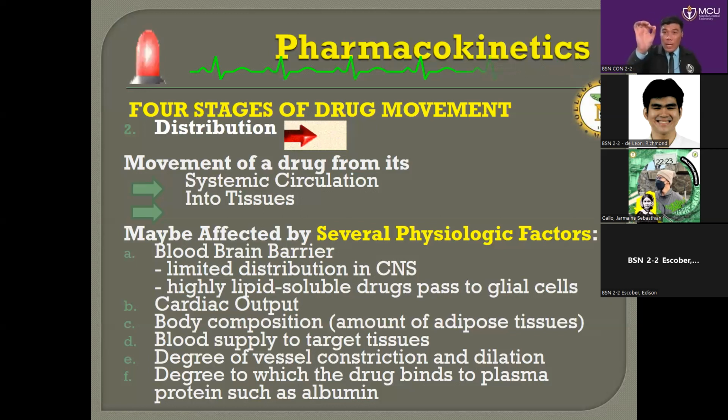So pag huminto yan, it stopped at a certain blood vessel, it means that's the one that is blocked. So if there is a problem with the blood-brain barrier, it may affect distribution, and because the blood-brain barrier is not functioning, this may cause the possibility of delayed distribution.